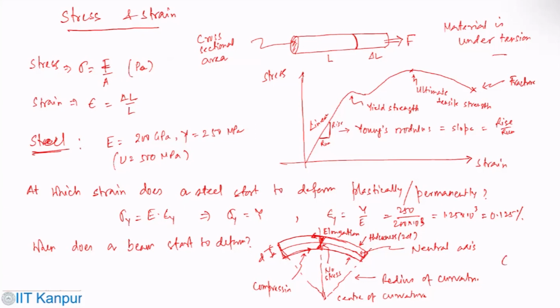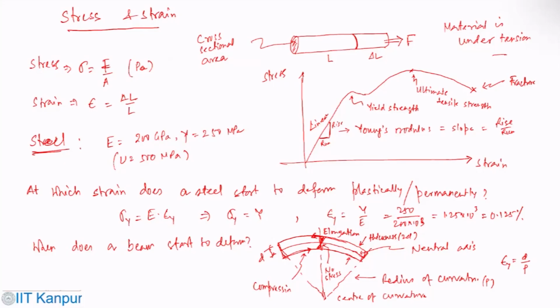Here simply epsilon y is d by rho, where rho is the radius of curvature, a typical convention in solid mechanics.